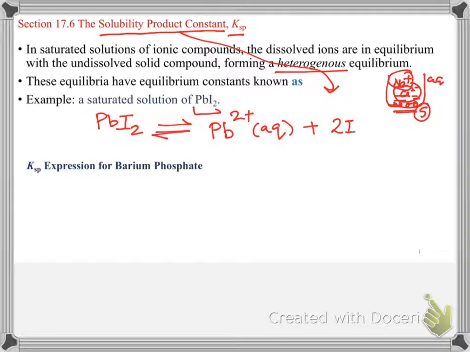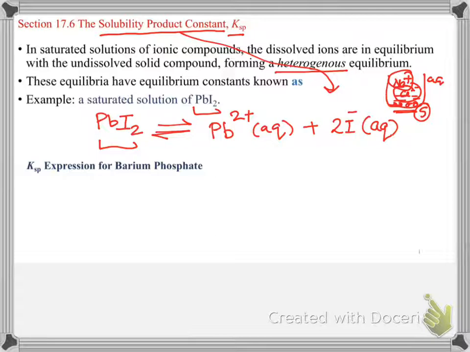Now you have to make sure the equation is balanced. Lead can have a 2+ charge or 4+ charge. Looking at this formula, you can tell that it is lead 2+, and iodine, 7th A group, has a 1 negative charge, so lead 2+ and iodide, but since there are 2 iodine, you put 2I negative.